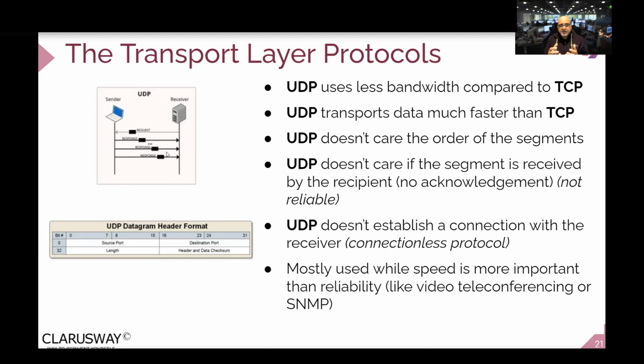If there is some kind of unreliable connection between the two devices, then a lot of dropped packets is going to result in a lot of lag or pixelation or just poor performance. But generally, when you use UDP, you're assuming you've got a generally good connection, and you're more concerned about speed.